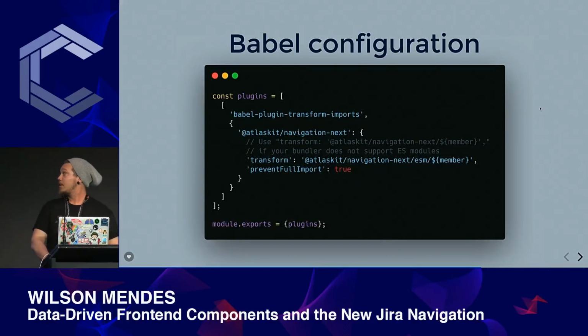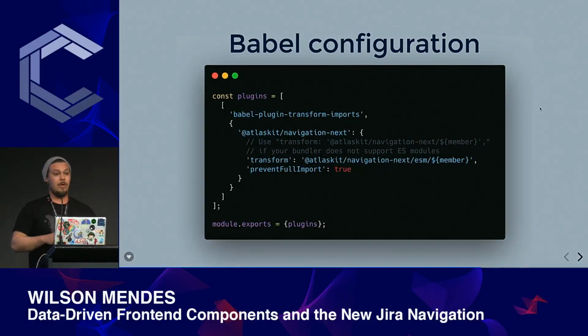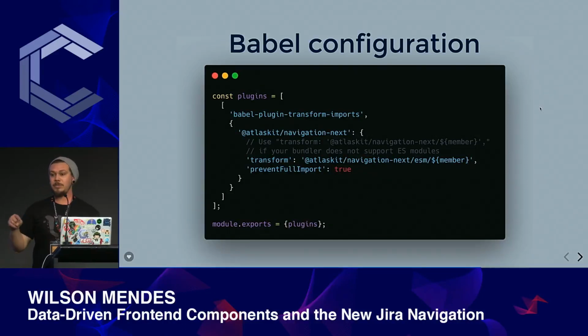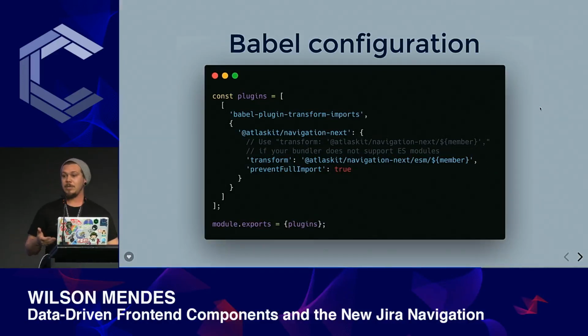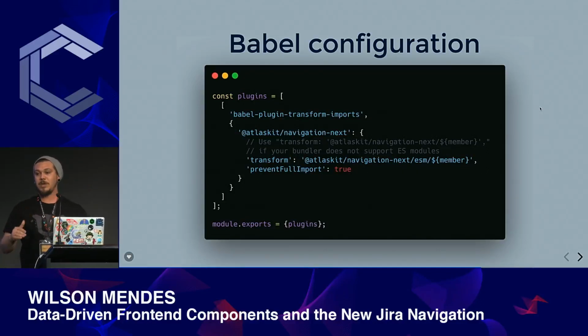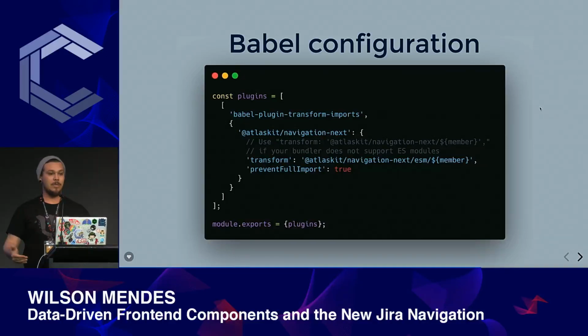Another good point, instead of doing all the things that we did, adding a file in the root folder and doing some magic to do imports, we just got the idea to use Babel configuration. Babel has a plugin called babel-plugin-transform-imports that you can easily configure. So when I'm calling Lodash, instead of going to Lodash directly, I can go to a specific folder in Lodash and call the file straight away.